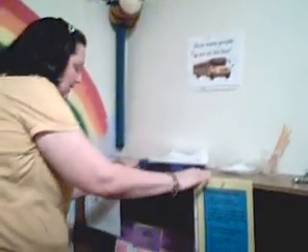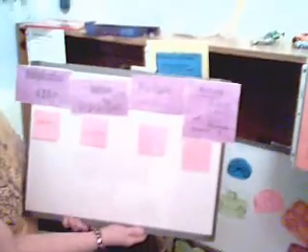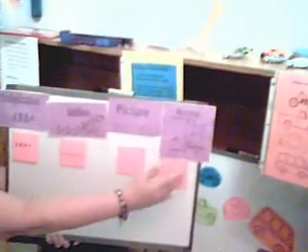We're also going to look down here, and we're going to talk about all the different ways in our multiplication. I have a magnetic board here, and I have 4 columns. On our 4 columns, we have multiplication, addition, a picture, and an array.